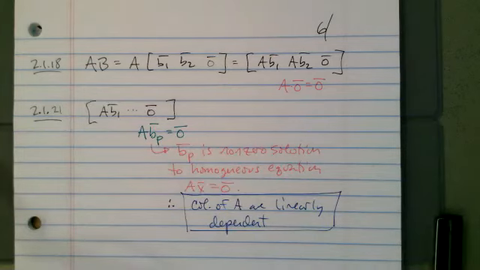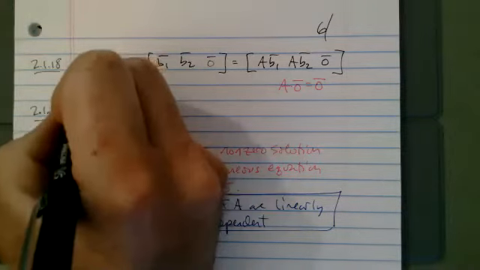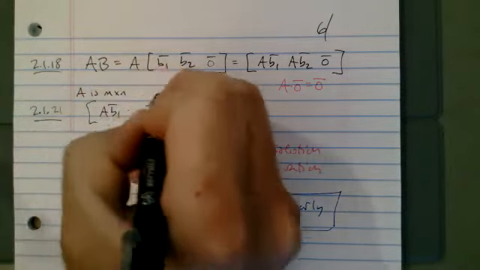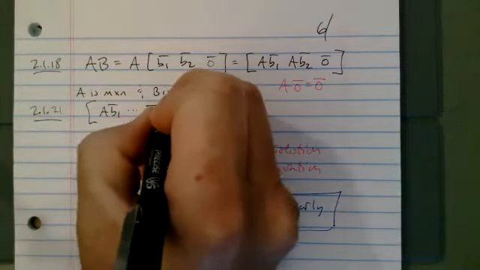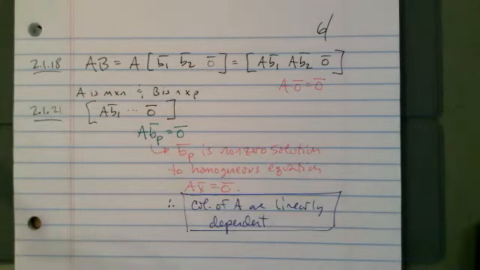So if A is m by n, do the columns of A span Rm? If I said A is m by n and B is n by p. So we found out that the columns of A are linearly dependent.